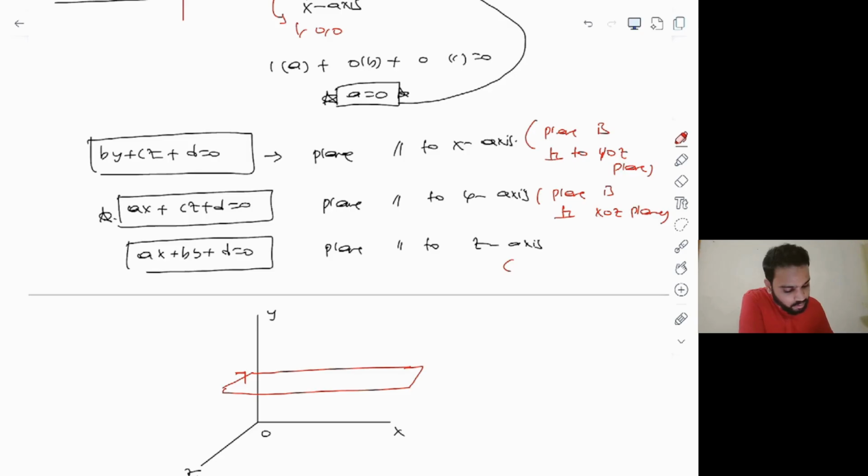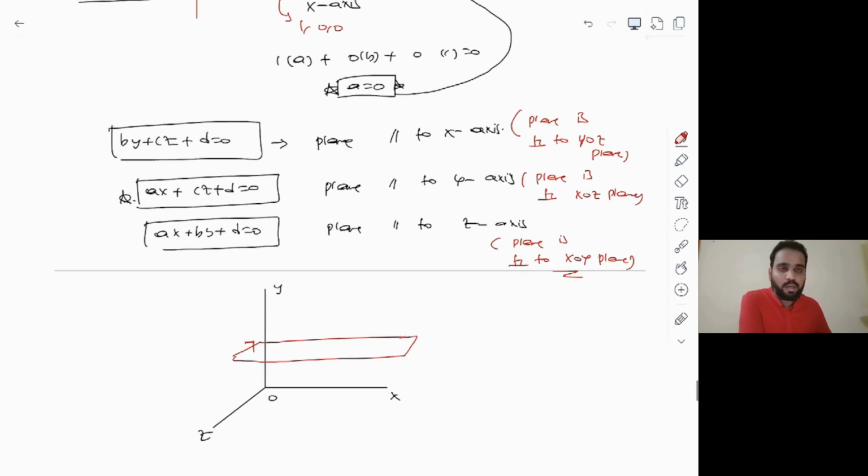Similarly, if a plane is parallel to the y-axis, then the plane is perpendicular to the XOZ plane. And if a plane is parallel to the z-axis, then the plane is perpendicular to the XOY plane. Okay, so these are some special points related to planes parallel to the coordinate axes, and the coordinate planes XOY, YOZ and XOZ.